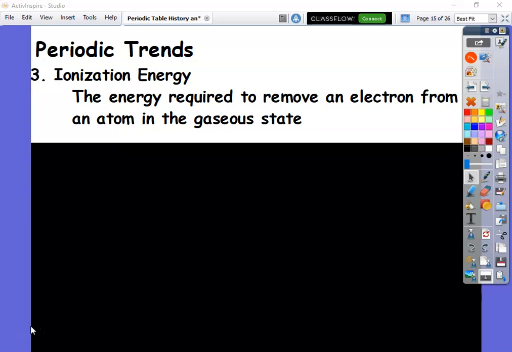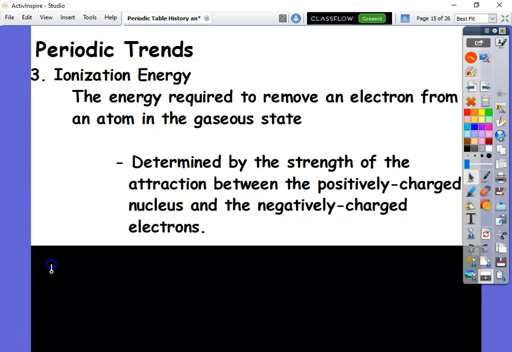In this case, obviously, we're talking about the loss of an electron, and how much energy it takes to remove an electron from an atom depends on a few things. One of the things is the strength of the attraction between the positively charged nucleus and the negatively charged electrons.